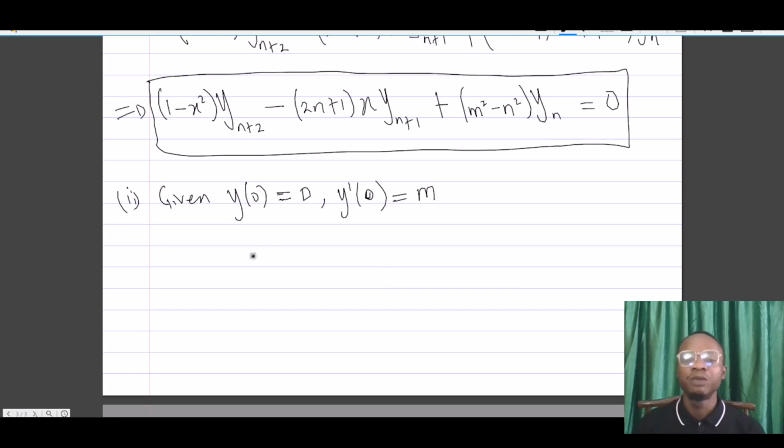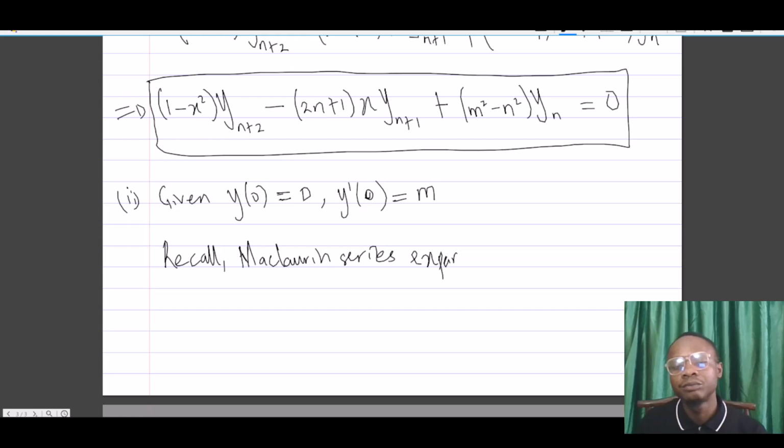If we want to get the Maclaurin series expansion, we recall the Maclaurin series expansion formula for f of x. But y is equal to f of x here, so we can just say y of x. It makes no difference.